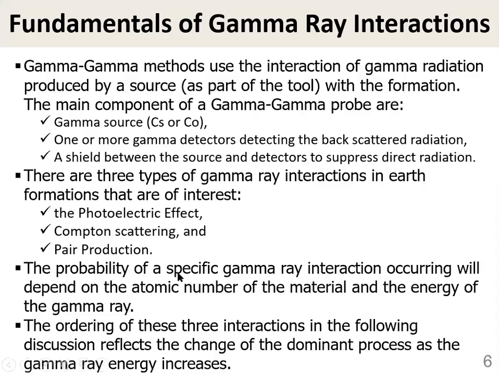So the probability of a specific gamma ray interaction occurring will depend on the atomic number of the material and on the energy of the gamma ray. The atomic number of the material is a function of what is being bombarded, while the energy of the gamma ray is a function of your gamma ray source.